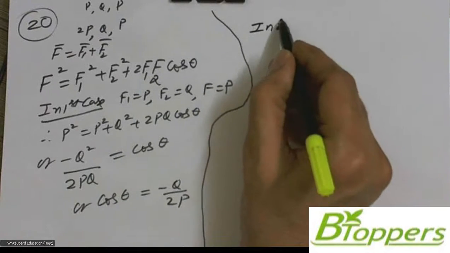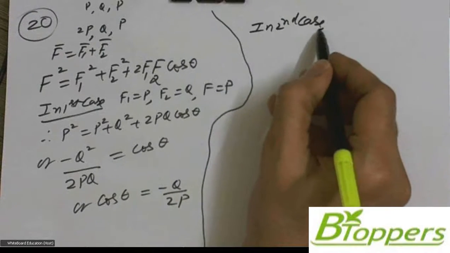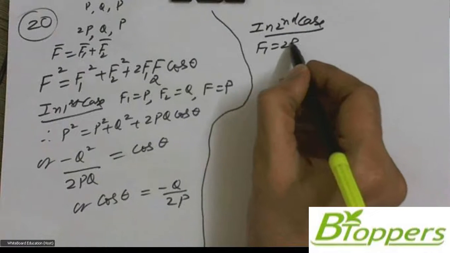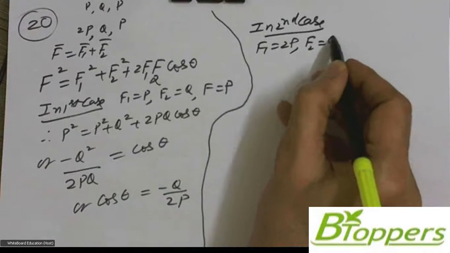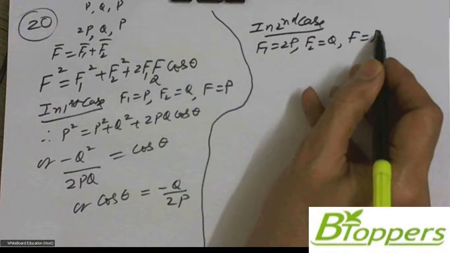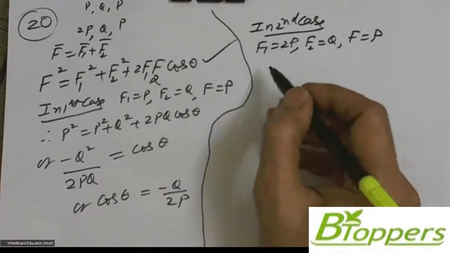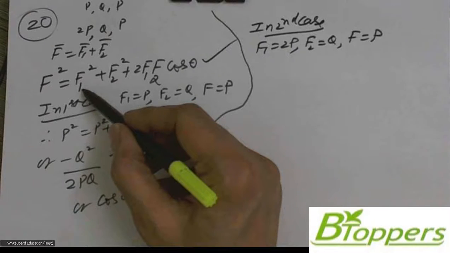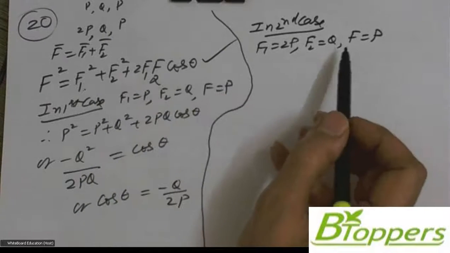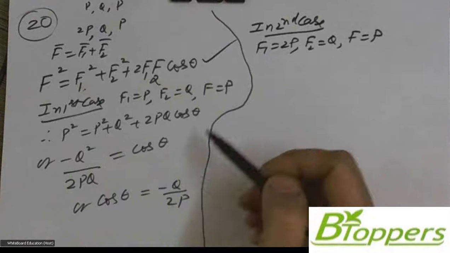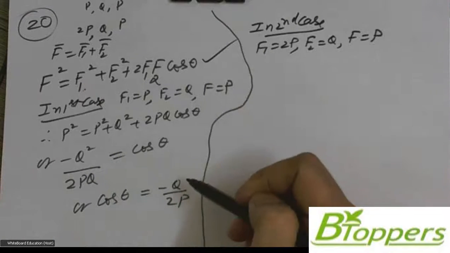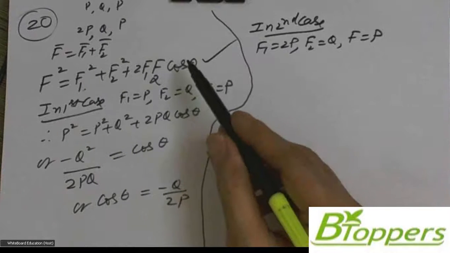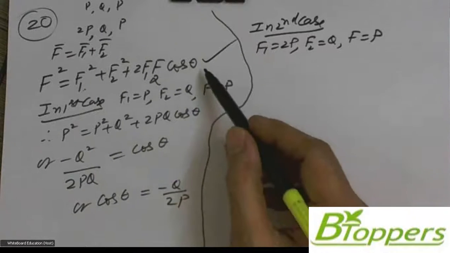So in the second case, now the first force F1 equal to 2P, F2 equal to Q, and now the resultant F is again P. Again use the same equation. Left hand side we can substitute F equal to P, and right hand side F1 equal to 2P, F2 equal to Q, but cos theta is same in both the cases, because the angle theta between the two forces is not changed. The directions of the forces are not changed.